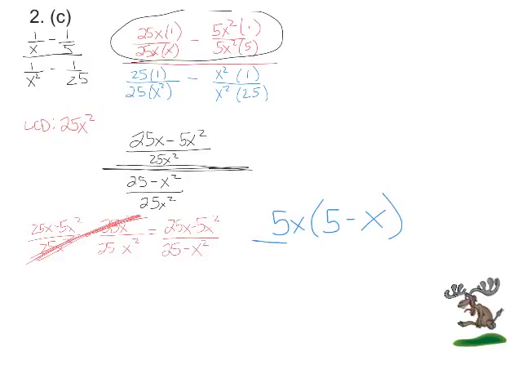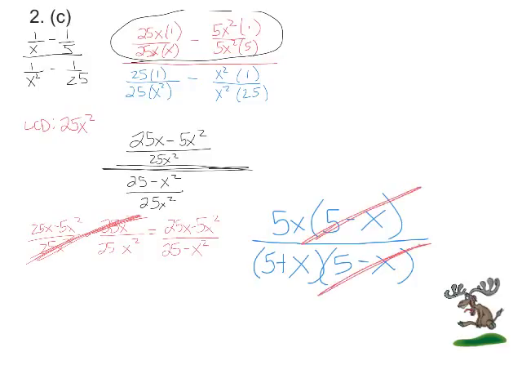Okay, moving to the denominator, this looks like a difference of squares, which factors to 5 plus x times 5 minus x. And now we see that the terms cancel, and we're left with a final answer of 5x over 5 plus x.